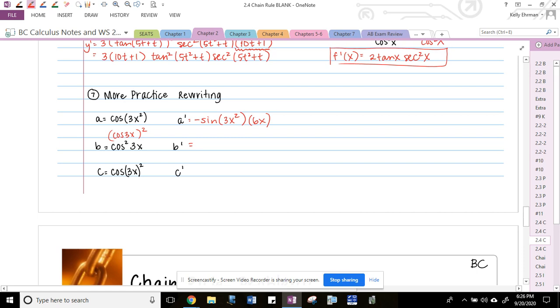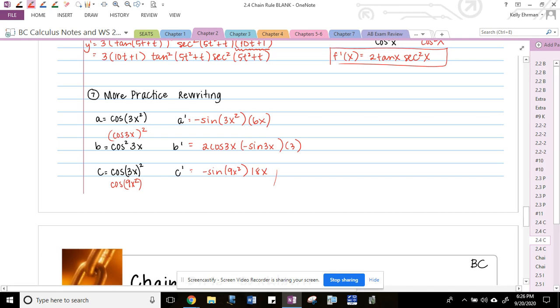So the derivative is 2 times cosine of 3x. And then I have to take the derivative of cosine, which is negative sine of 3x. And then I have to take the derivative of 3x, which is 3. And for the last one, I would make this cosine of 9x squared before I dive in. The derivative of cosine is negative sine, and the derivative of 9x squared is 18x. And I could simplify those as needed.